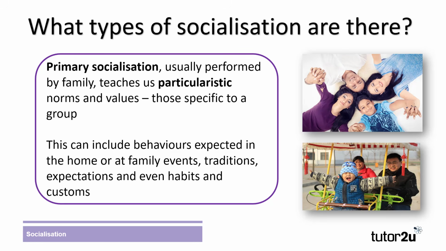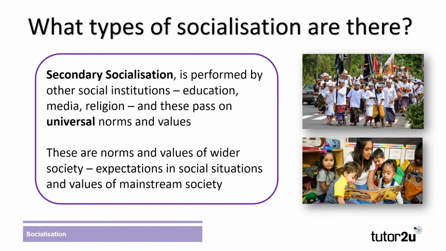However, these particularistic values are often only applicable in your family unit, and so we also need to learn the norms and values of wider society. And this is achieved through secondary socialization and is performed by other social institutions, for example, education, the media, and religion. And these teach us universal norms and values, those values that apply to all members of society rather than just a specific group.